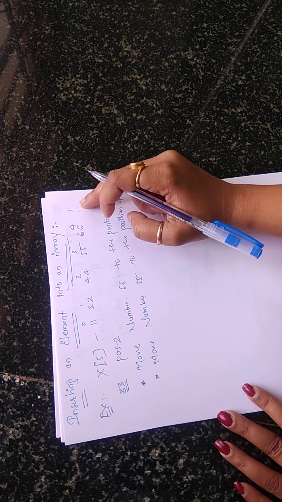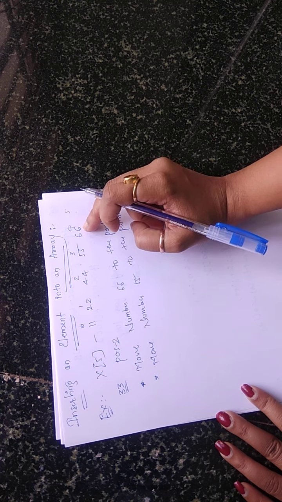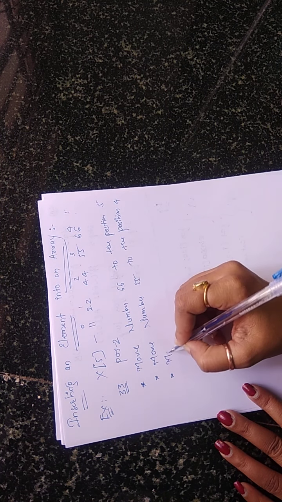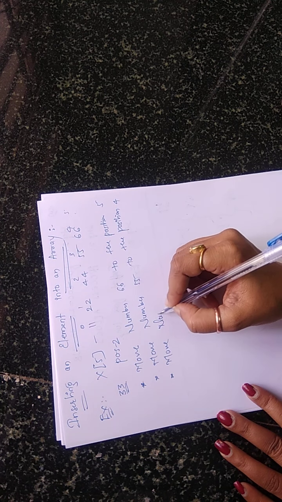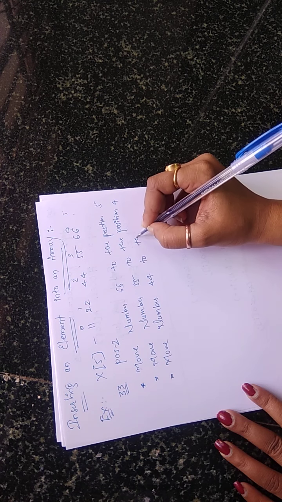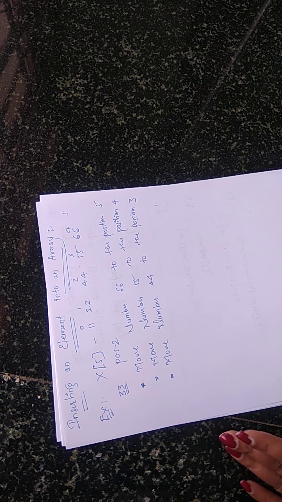When you shift 66, 4 will be empty, so easily you can bring 55 here at the 4th position. Next we have to move number 44 to the position 3. Done?